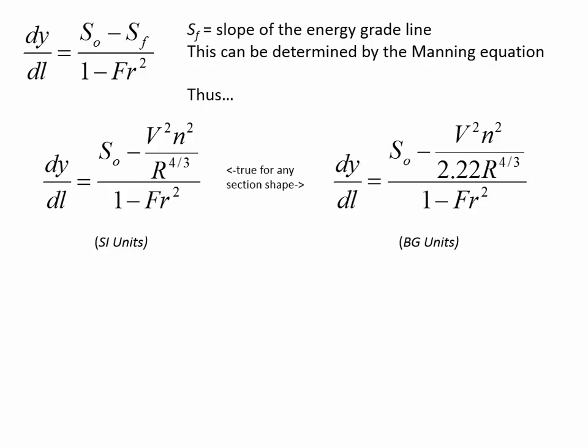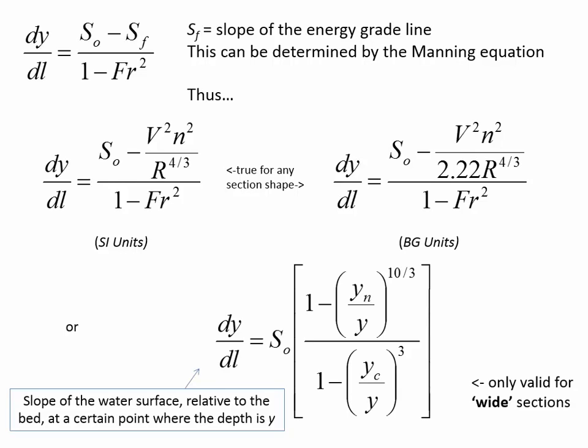Both of these are true for any shape, whether it's a trapezoid or a circular channel or a triangular channel. When you make your equation sheet for the final exam, clearly differentiate between this equation that's always valid and this equation only used for a rectangular channel, because you can get into trouble if you misuse the equations. In fact, this one not only has to be rectangular, but it has to be a wide rectangular section. Actually, if it's a wide section, it doesn't matter if it's trapezoidal.